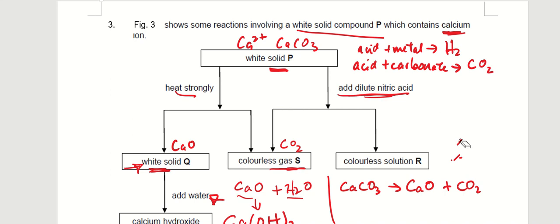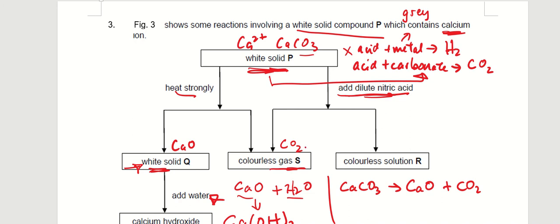From the question we know that this is a white solid, so it's not usually a metal, because most metals are grayish or silvery. Therefore the white solid here should be a carbonate, and if we react a carbonate with acid, we would get carbon dioxide.